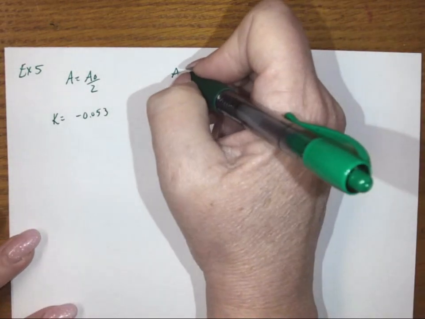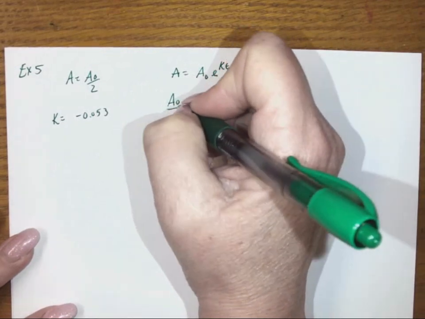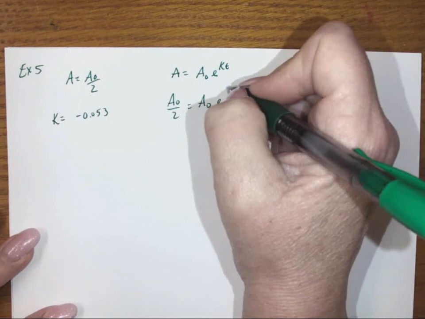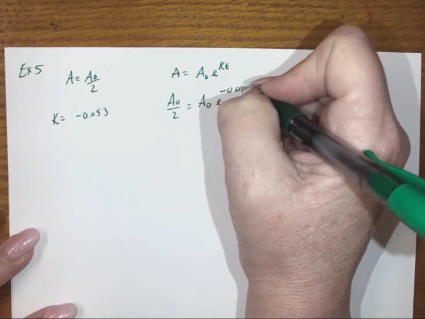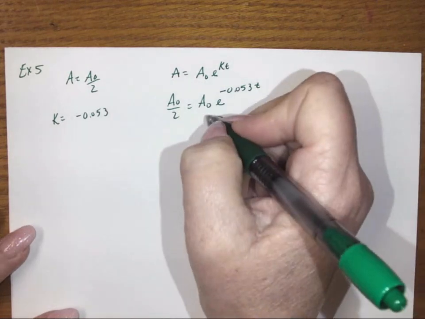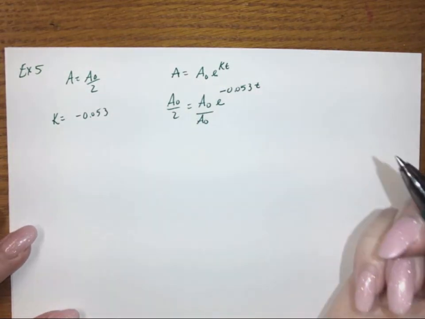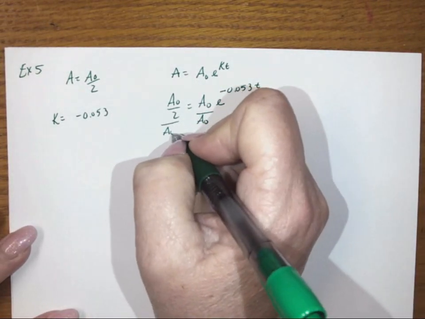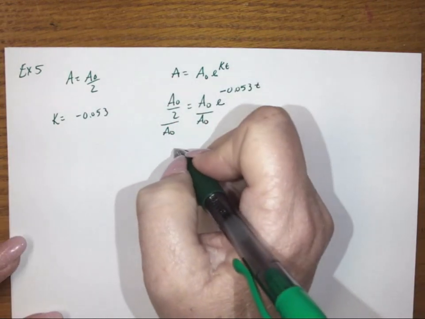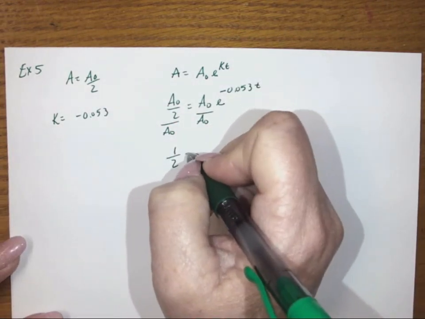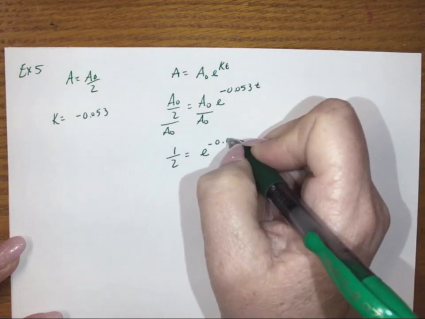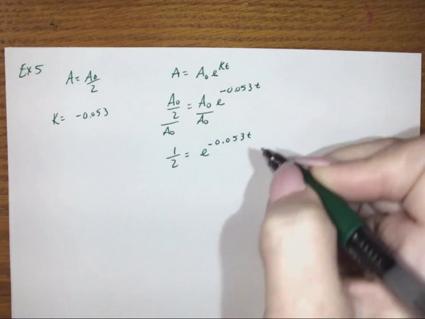So plugging in our A, we have a sub naught over 2 is equal to a sub naught e to the negative 0.053 times t. So again, dividing by a sub naught, the a sub naughts will cancel out and we'll end up with 1 over 2 is equal to e to the negative 0.053t.